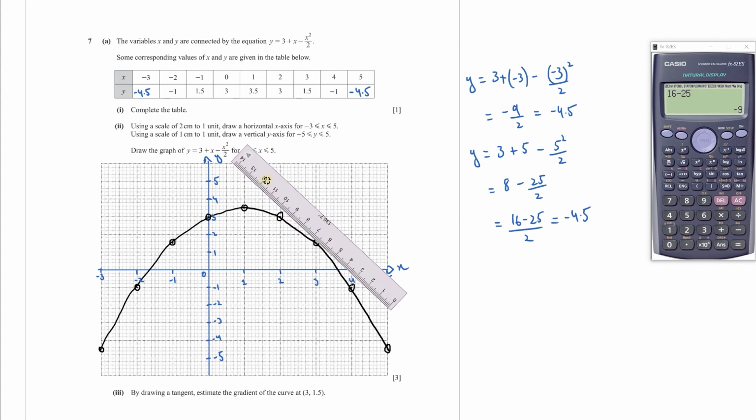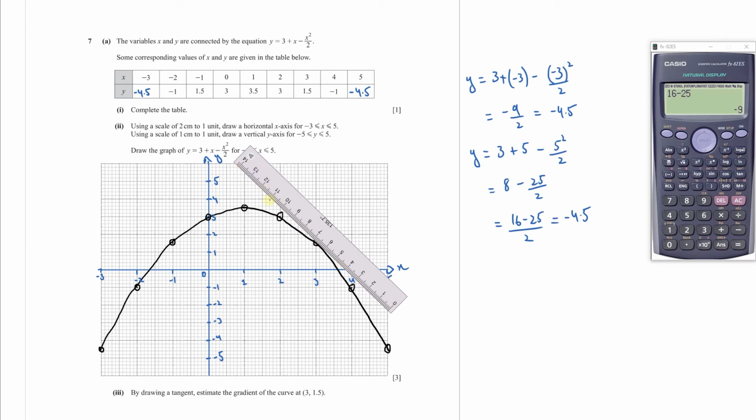So it will be a little bit like this. So now if I draw a line, it will basically just touch this curve at this point, which is 3 and 1.5. So you can simply draw a line with the ruler.